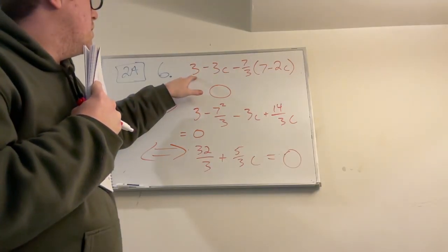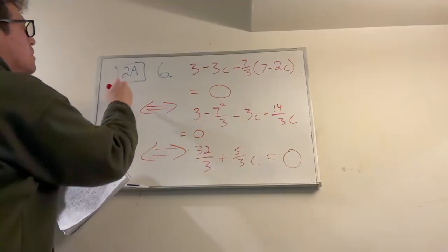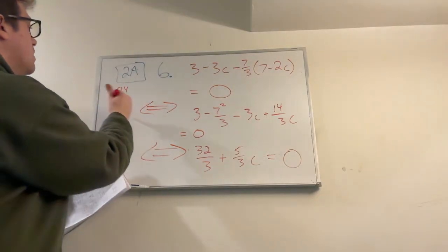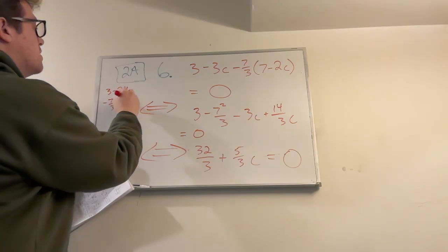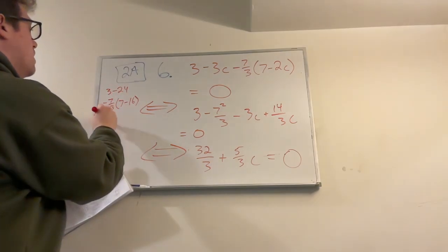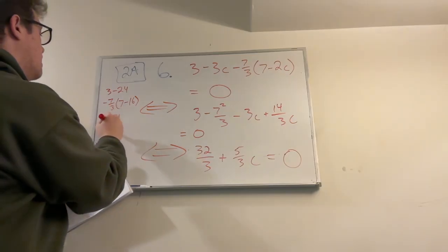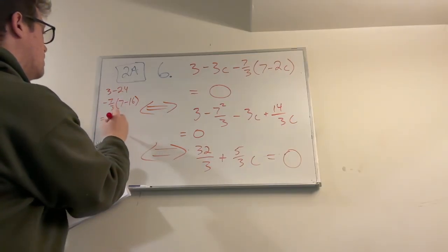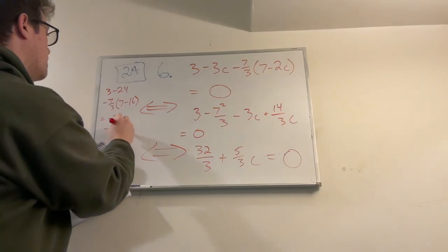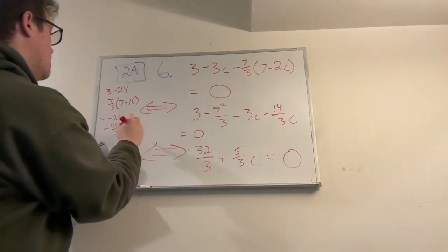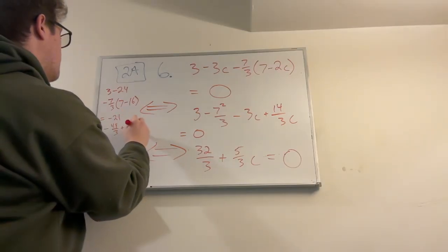24. So 3 minus 24 minus 7/3 times 7 minus 16. 3 minus 24 is negative 21 minus 49/3 plus 16 times 7/3.